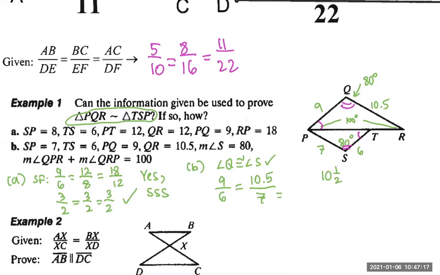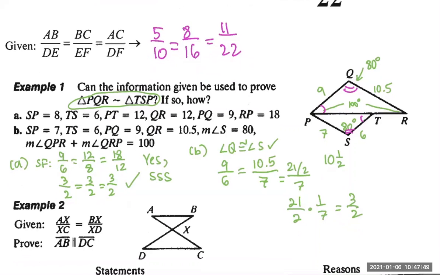If you had 21 over 2 divided by 7, and had to simplify that further because you can't have a fraction within a fraction, you might remember keep, change, flip. Keep the top as it is, change the division to multiplication, and flip the bottom. Flipping the bottom means that if this is 7 over 1, its reciprocal is 1 over 7. So when you reduce that, do you get the same scale factor as 9 to 6?